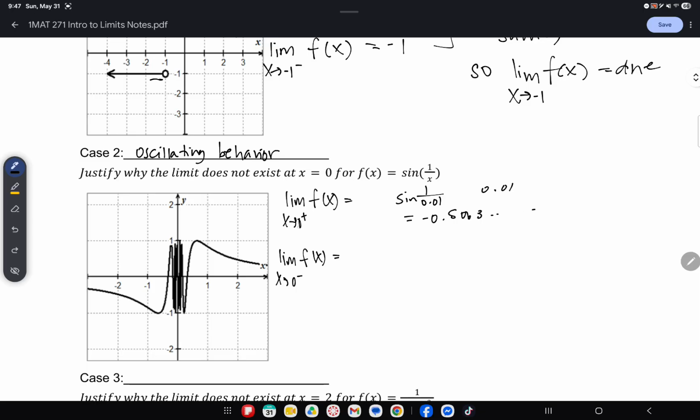Right, so we could say, sure, from the right side, the limit is that -0.5063. And then if I do it from the left side, so let's pick a number on the other side. So how about -0.01? So, okay, sine of 1 over -0.01. That gives me a +0.5063.